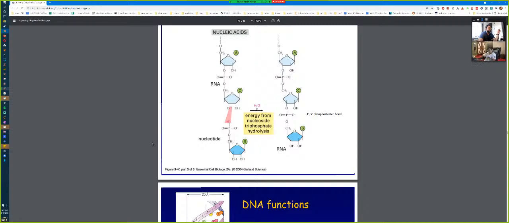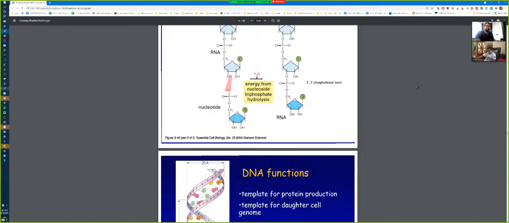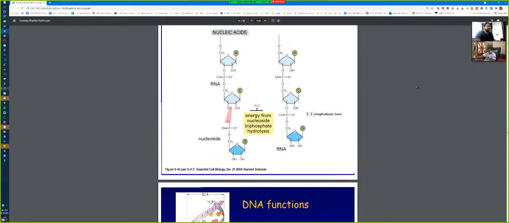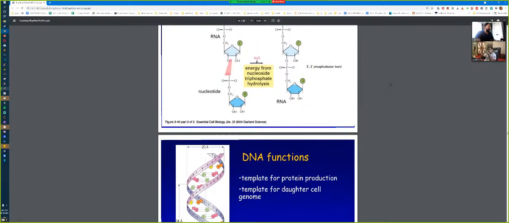And this is just an example of polymerization for nucleotides. Make sense?